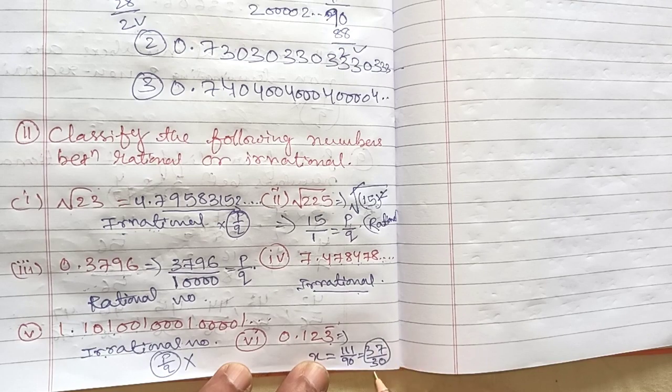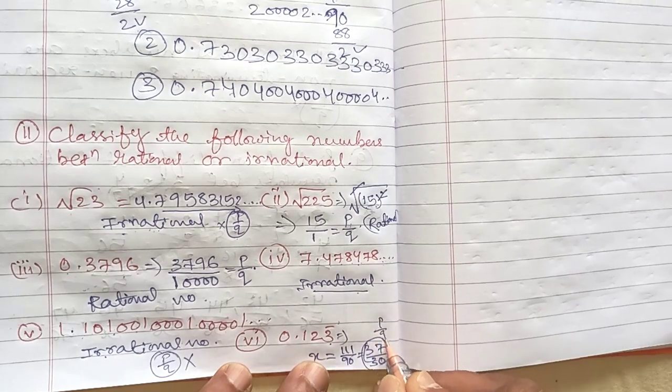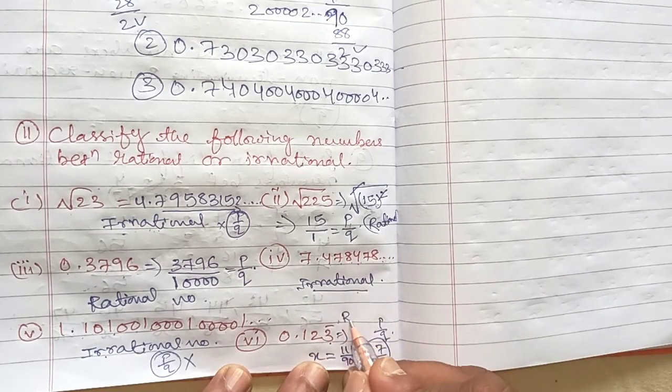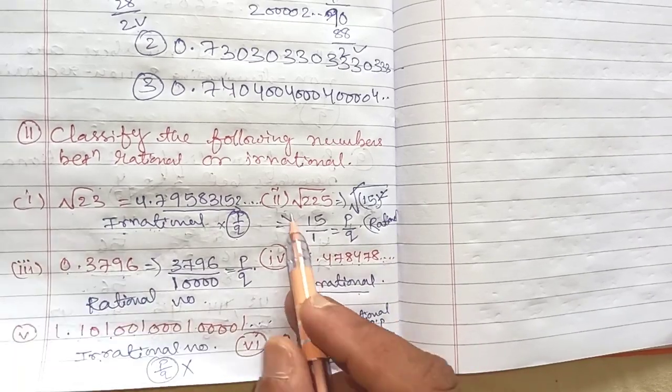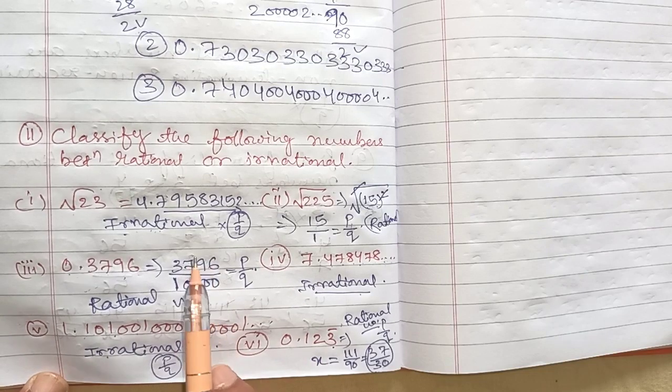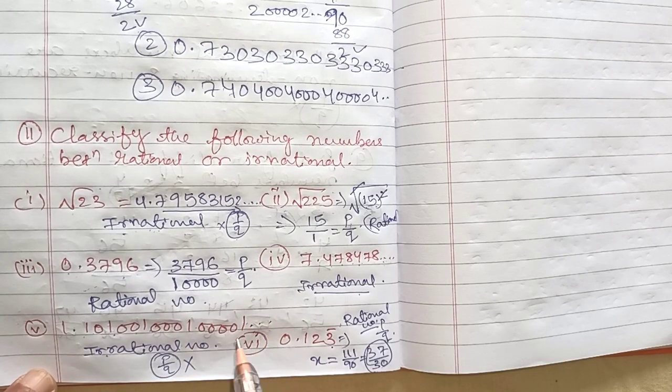That means it is clear that this can be written in the form p by q, so it is also a rational number. So this is the classification of the numbers as irrational or rational. By seeing the recurring and non-recurring decimals we can easily tell whether a number is irrational or rational.